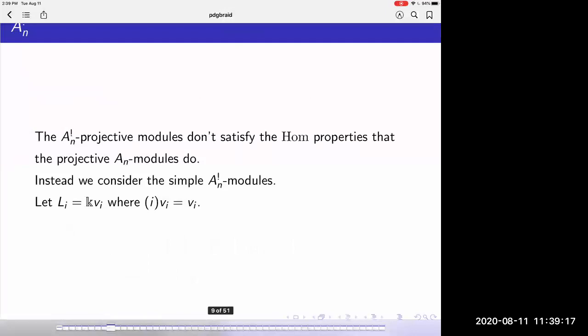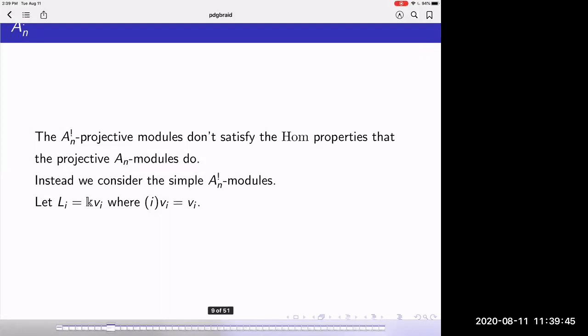This shouldn't be surprising at all, but there is a braid group action, of course, but this doesn't come from projectives. You can see this fairly easily because the Hom space property satisfied by the projectives for the algebra A_n doesn't hold for A_n shriek. In general, the endomorphism algebras of the projectives grow as you get further down in the quiver. So you only have actually one spherical projective here.